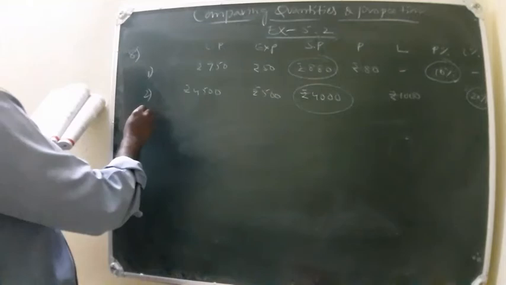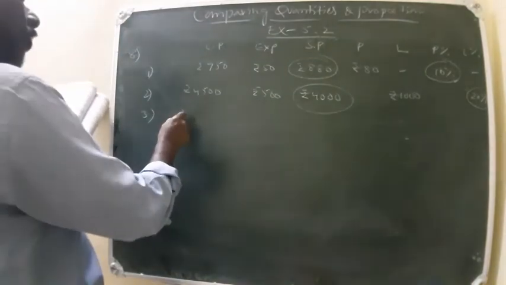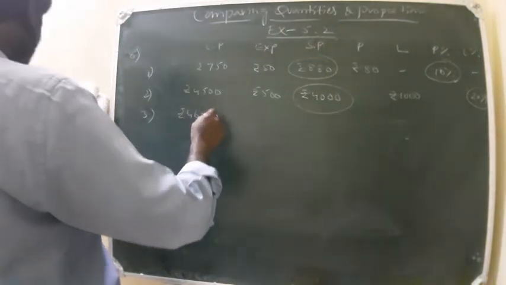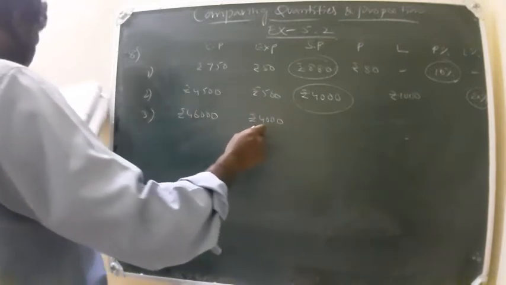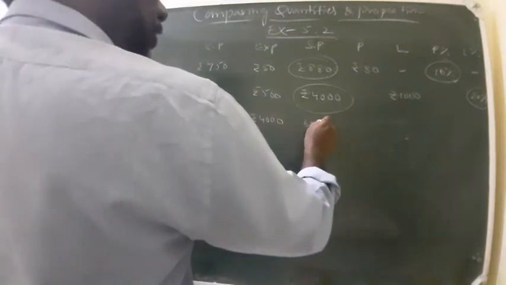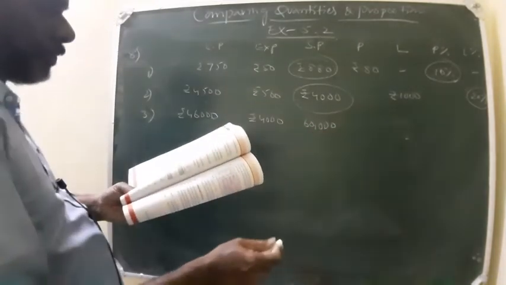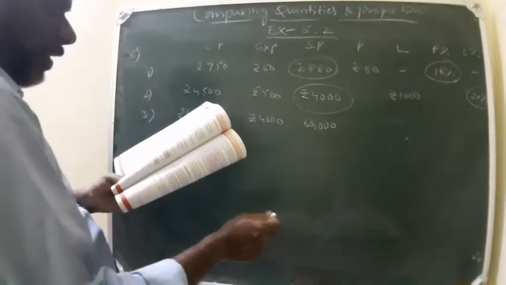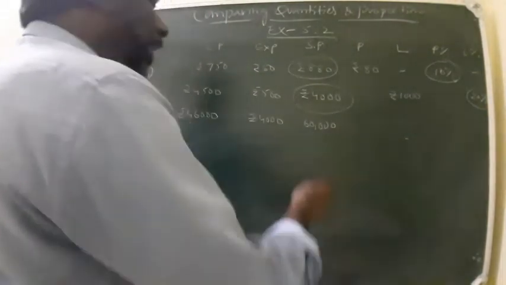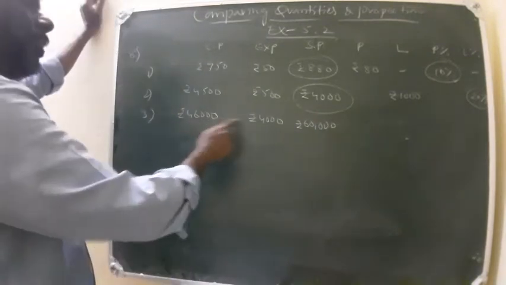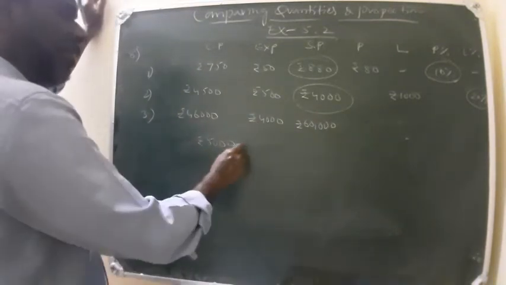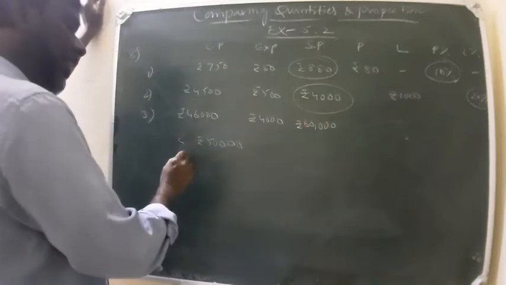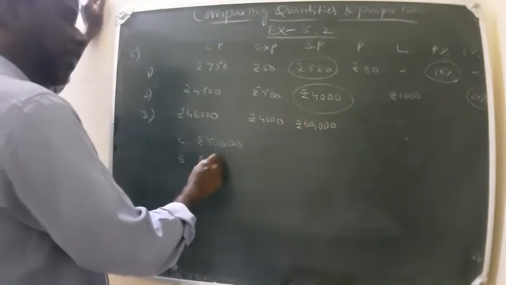In the same way, the third one: 46,000. Here expenses 4,000 and selling price 60,000. Now we have to find the loss or profit, or loss percent or profit percent. So the total cost is 50,000, CP is 50,000 and SP is 60,000.